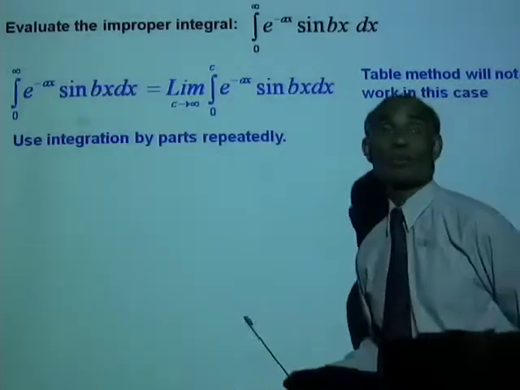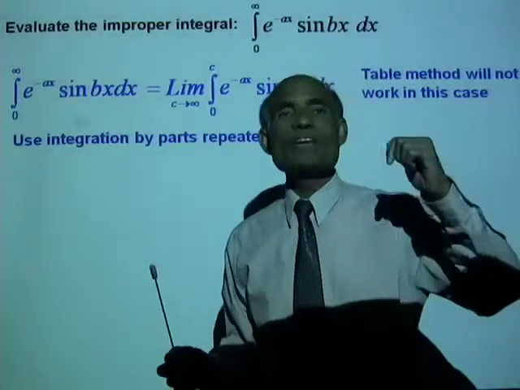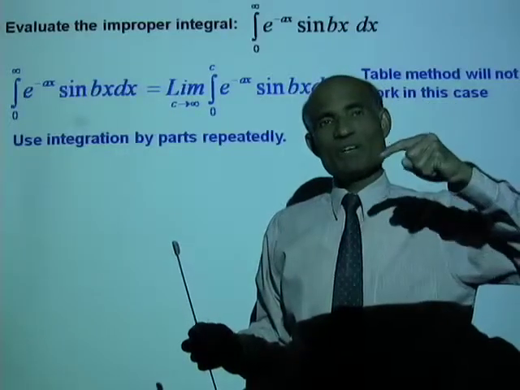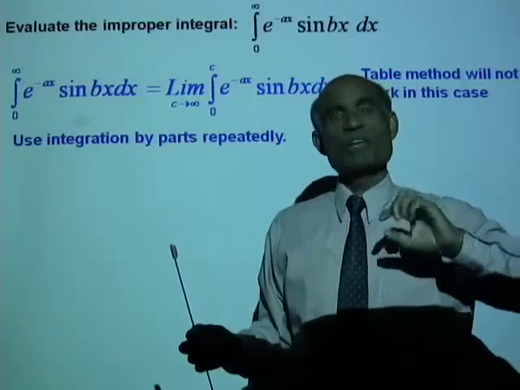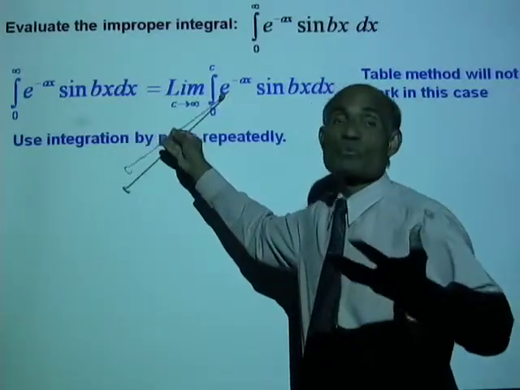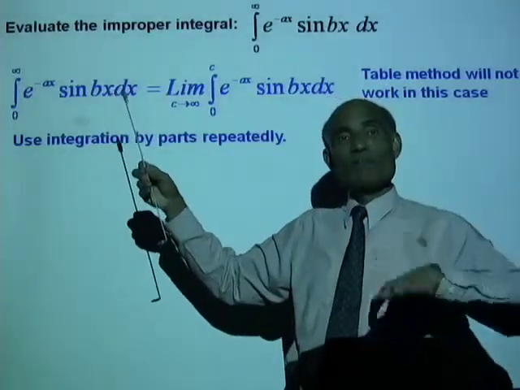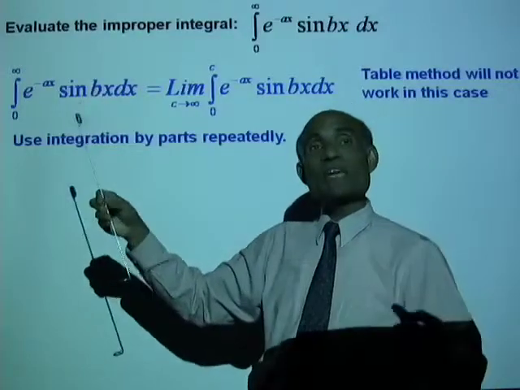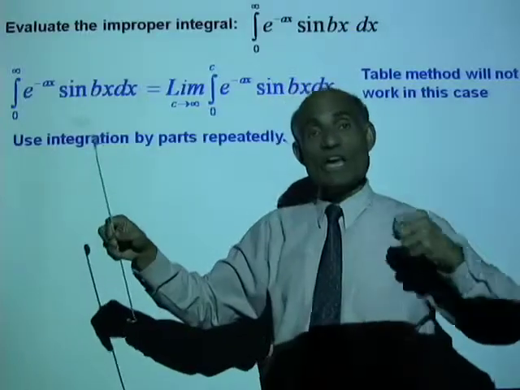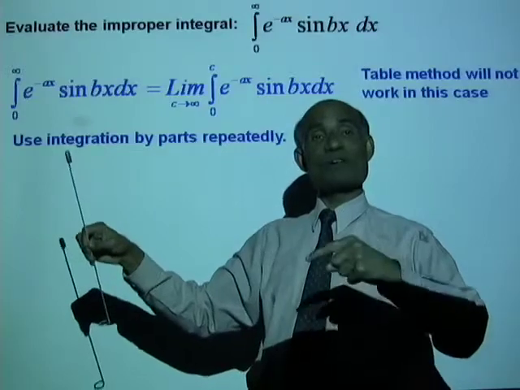Now the table method will not work there. Why not? Because the table method will work only if the quantity you choose as u, when differentiated continuously, will reach 0. In this case, what happens? When you find the derivative of e to the power of negative ax, it will keep on revolving: negative a e to the power of negative ax, a squared e to the power of negative ax, negative a cubed e to the power of negative ax.